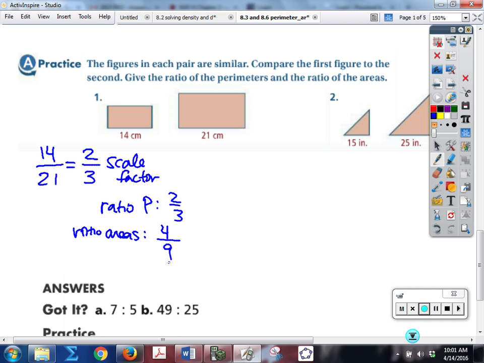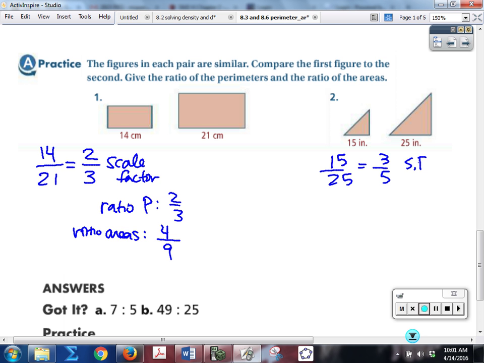When would the scale factor be different from the ratio of the perimeters? The scale factor and the ratio of the perimeters will always be the same. So this one was 3 to 5. This is the scale factor and the ratio of the perimeters. And then of course squaring that, 9 to 25 is the ratio of the areas.